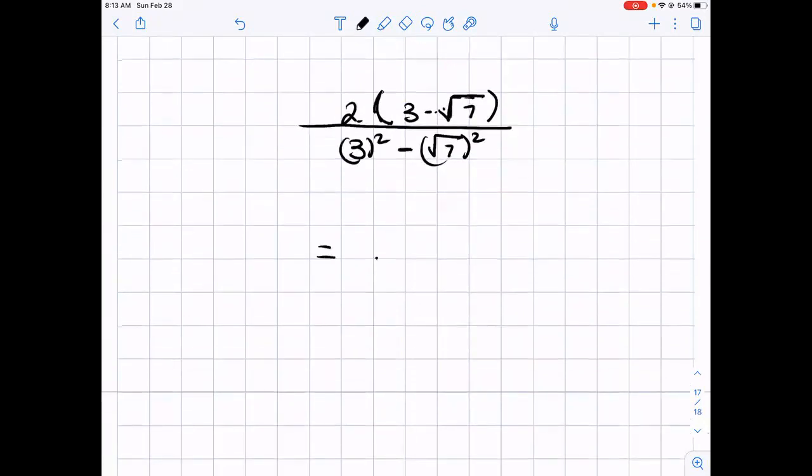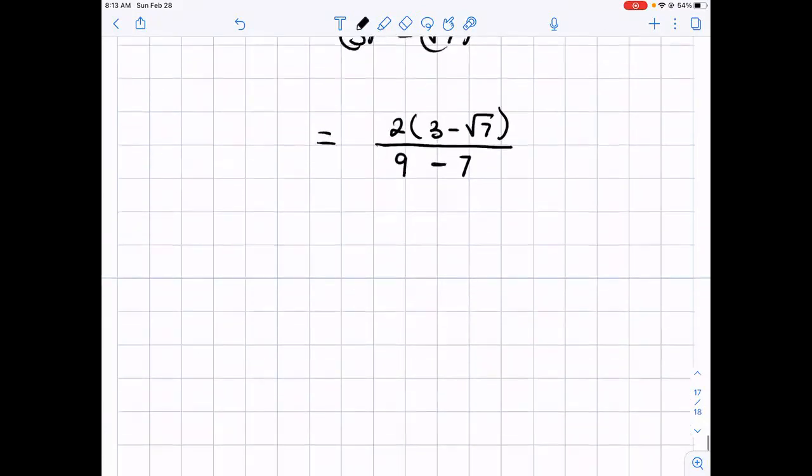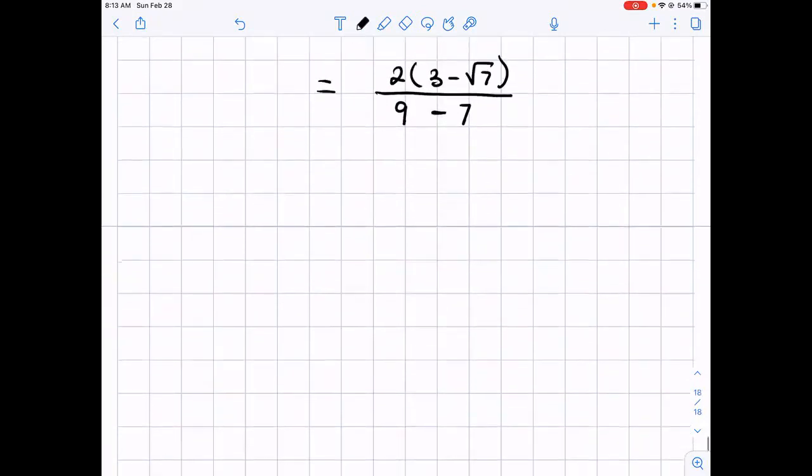So in your denominator, you have 9 minus 7. In the numerator, you can distribute, but generally I don't, because sometimes at the end we have simplification. Notice in this example we will also have a simplification. 9 minus 7 is 2, over 2 times 3 minus root 7.